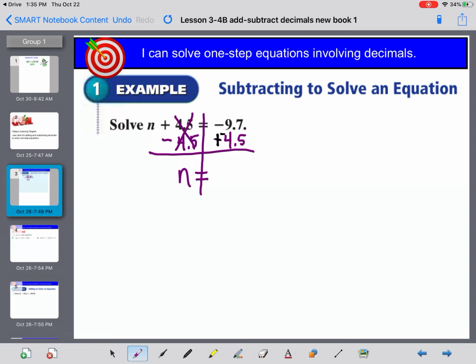Both numbers are negative, and I remember from my integer rules from Chapter 1 that if both of the signs are the same, I add the two numbers and I keep the negative sign. And I lined up my decimal points, and I got 14 2/10. And don't forget that that is negative because it was -9.7 and -4.5, so I just went more negative.